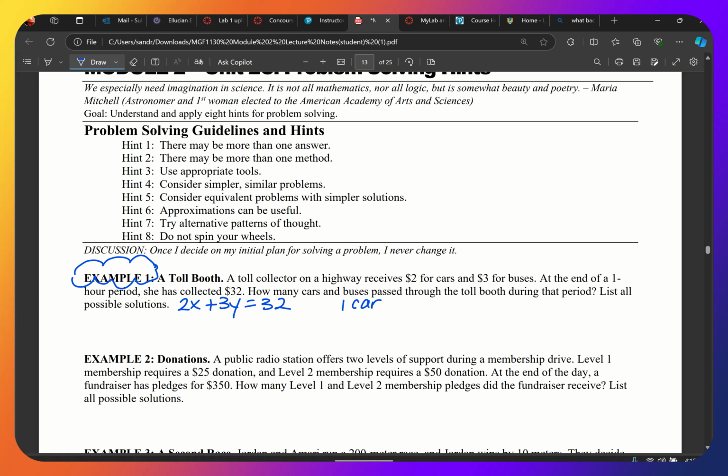So if she had one car, that takes away $2, then how many buses would she have? 10, right? 10 buses. That's one solution. What if she had 2 cars? How many buses will she have?